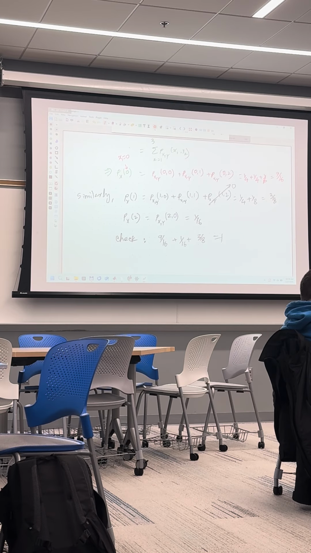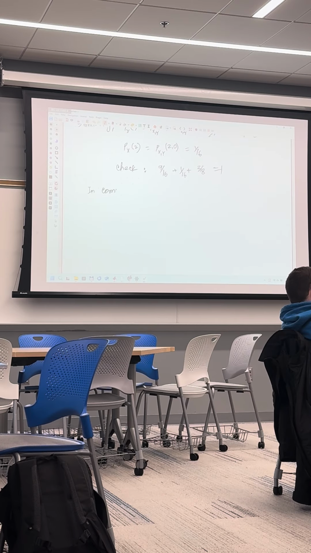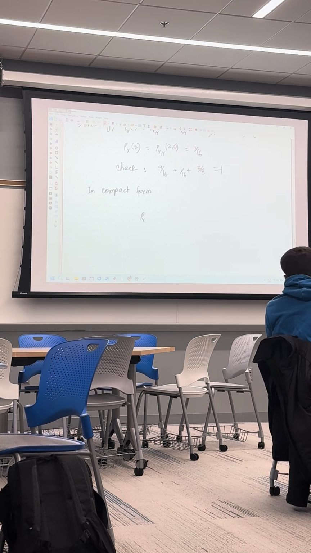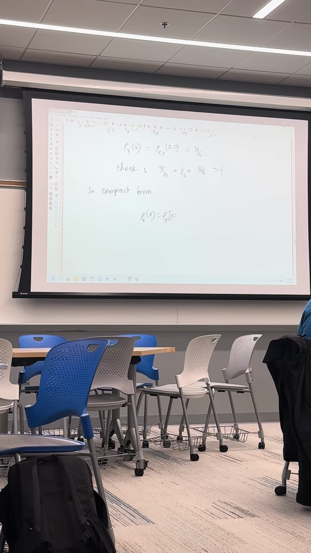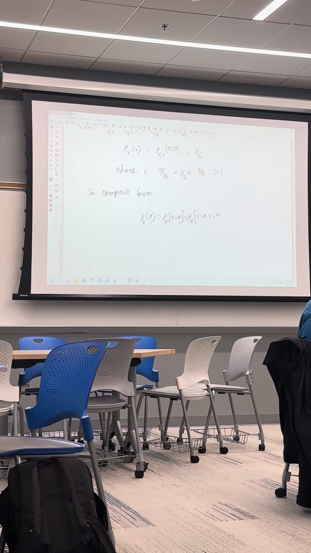In compact form, mathematically, the marginal PMF of random variable X taking value x is by definition the probability that X equals x, which from the joint PMF is the probability that X equals x, Y equals anything.